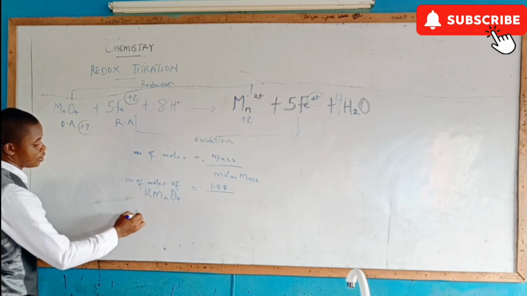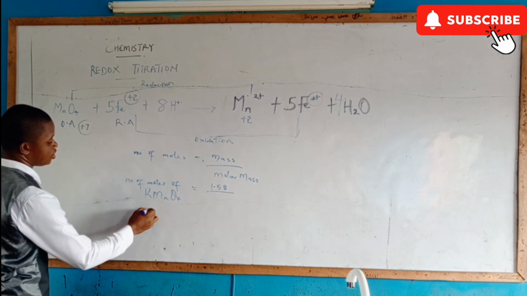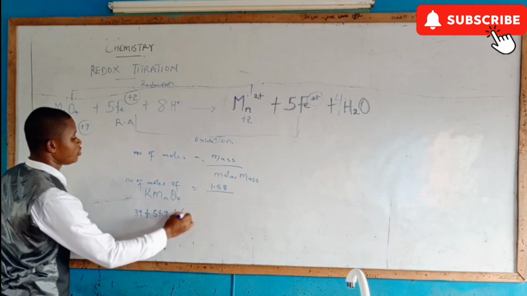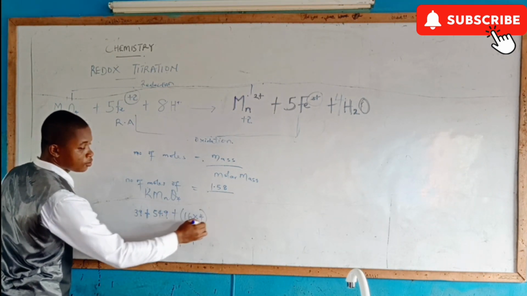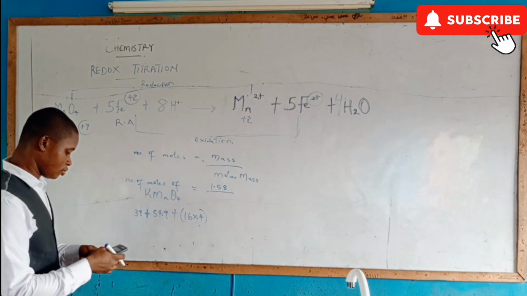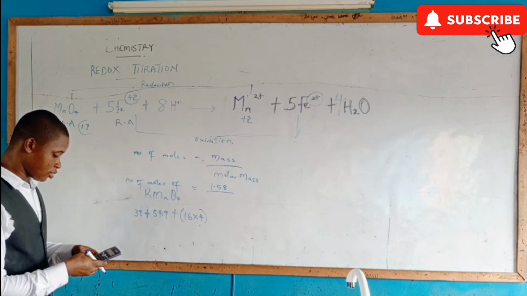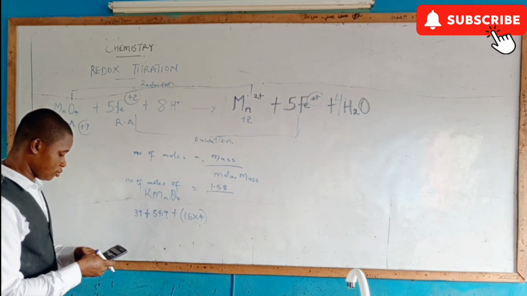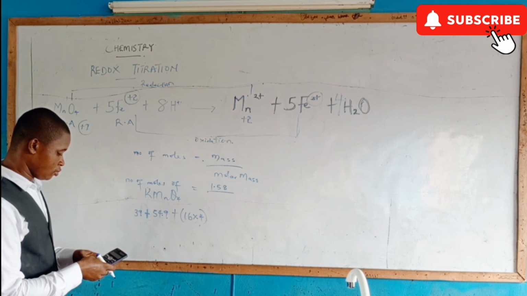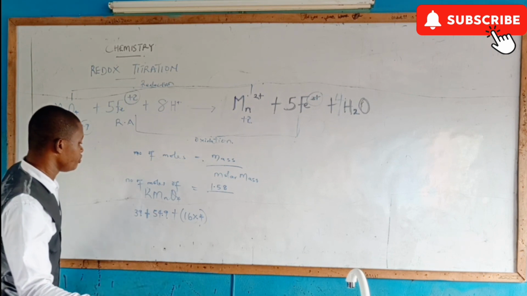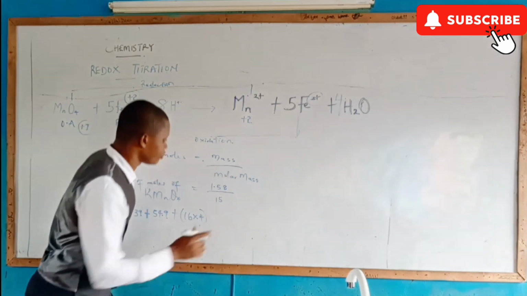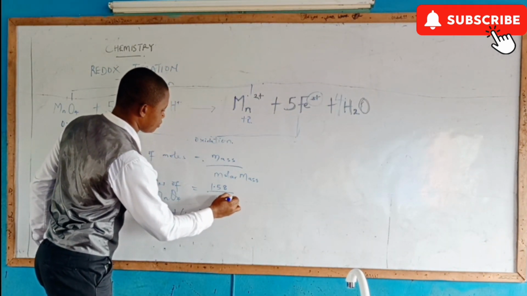The potassium is 39, manganese is 54.9, and we have 16. Using your calculator, that will give 157.9.